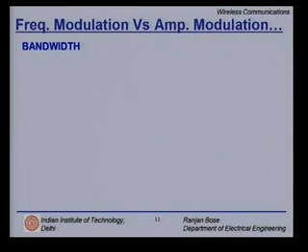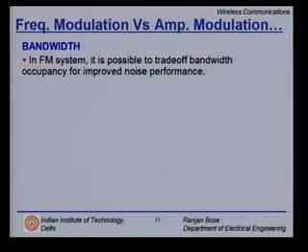Let us compare FM and AM from the perspective of bandwidth. In FM systems, it is possible to trade off bandwidth occupancy for improved noise performance. This is important. You have a freedom. You have to choose how much bandwidth you want to expend and how much quality improvement in terms of your performance you can obtain.